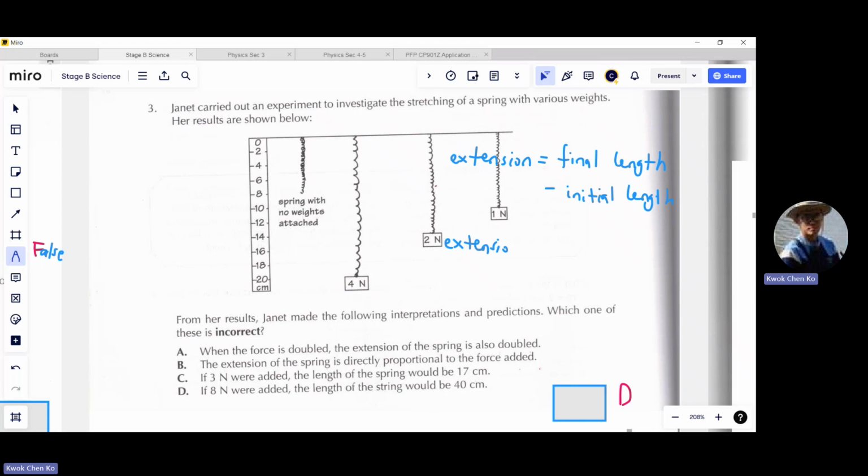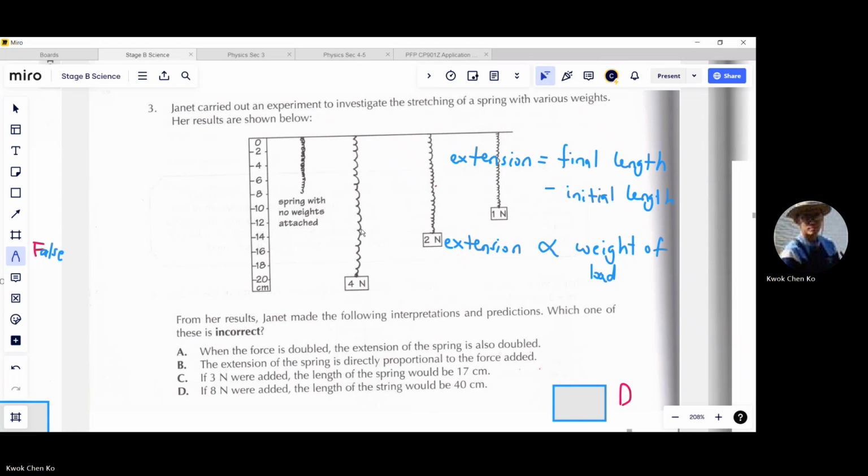The extension is directly proportional to the force, in this case the weight or the load. Have you learned proportionality? No. Oh, okay. So anyway, never mind.